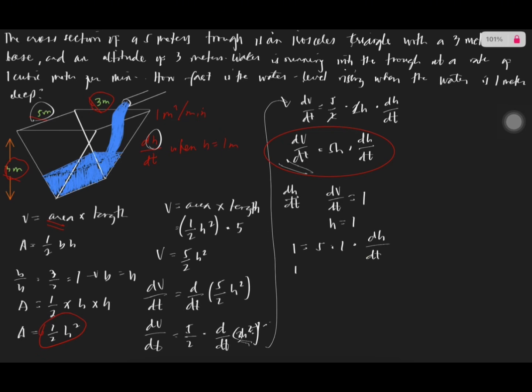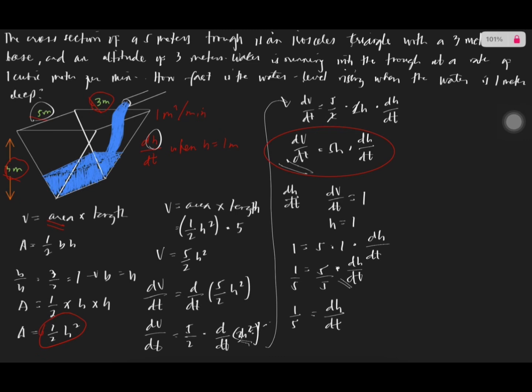So now let's simplify it. To isolate dh/dt, we're going to divide both sides by 5. So we have 1/5 equal to the derivative of h with respect to time.